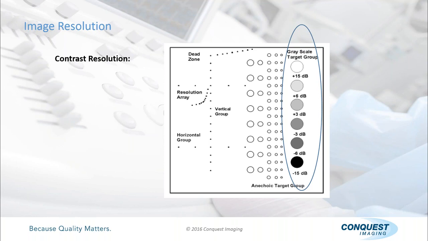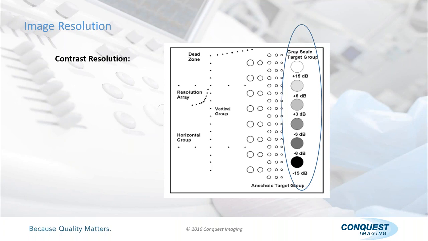We go on to contrast resolution, and I'm not sure how many of you have actually seen what we call the Phantom, the ATS model 539 Phantom. This is basically a reproduction of the front of the Phantom without all the measurement information on it.